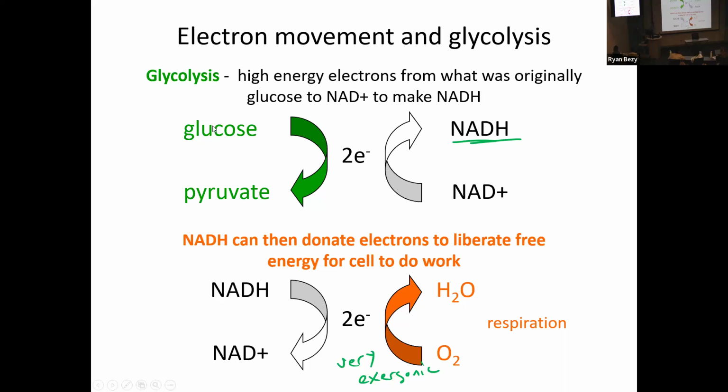Is glucose being oxidized or reduced here? Glucose is being oxidized because you're taking electrons off of glucose. Glucose is losing electrons, and the electrons are going on to NAD+. So is NAD+ being oxidized or reduced?